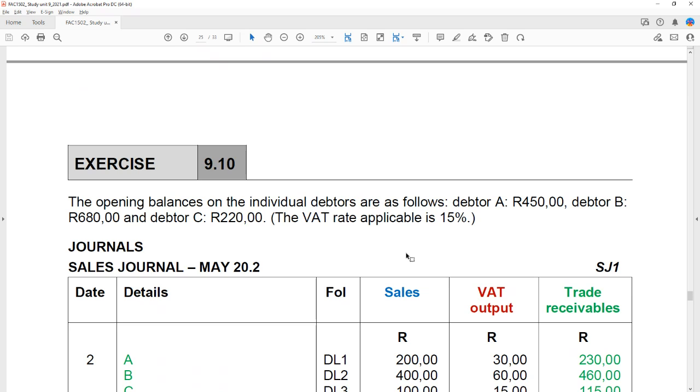You will then credit your sales with the VAT exclusive amount, and you will have your VAT output, which is also a credit entry. So my VAT output plus my sales amount will equal the amount of the debtor, which is the VAT inclusive amount. So this 450, the 680, and the 220 are all VAT inclusive.